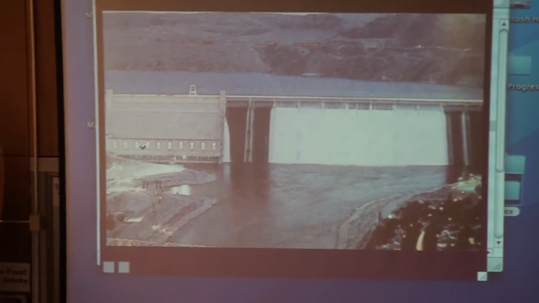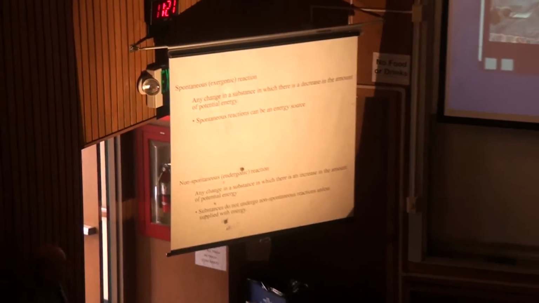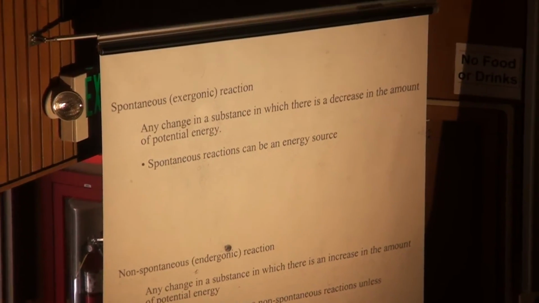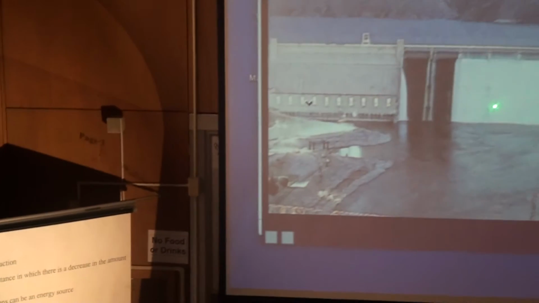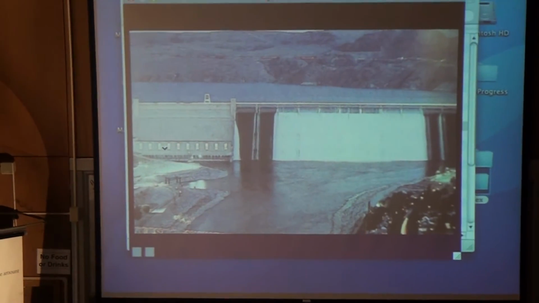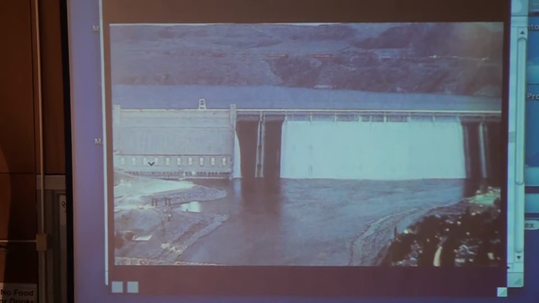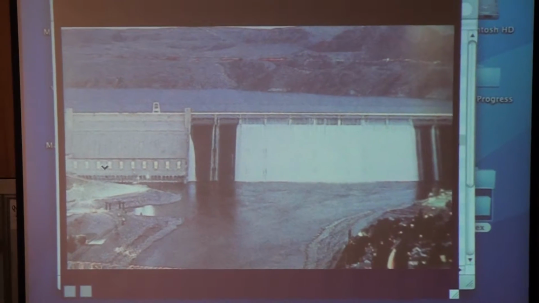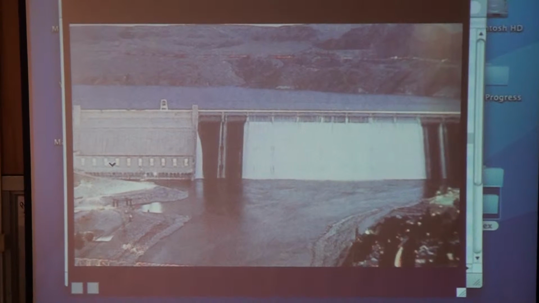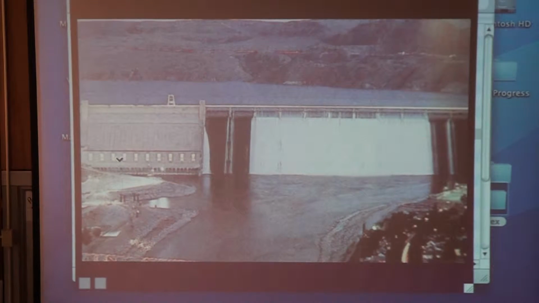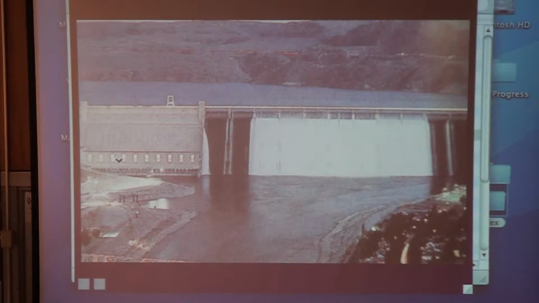Using the dam as an example, as the water flows down the dam and loses potential energy, we capture some of that and change it into electricity. I think this is some sort of electrical generating plant right here, and that powers our light bulbs and elevators and things like that. So any spontaneous exergonic downhill reaction can potentially be an energy source.